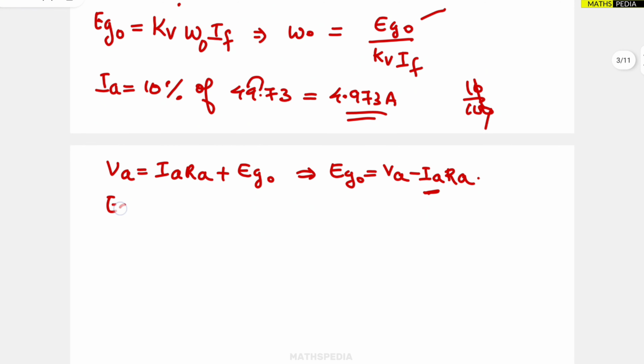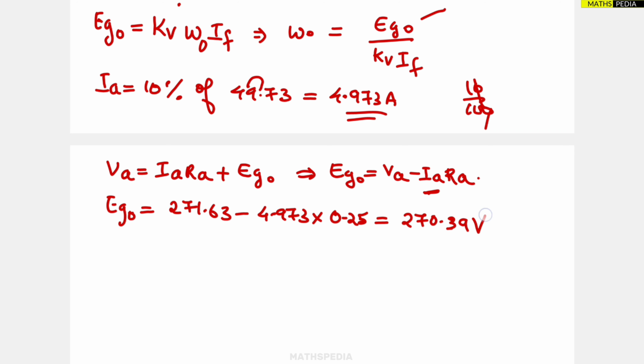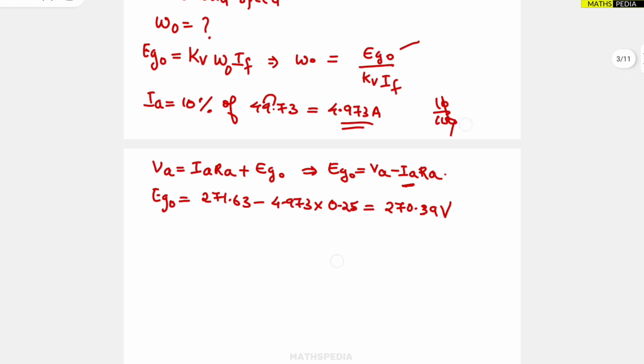So EG naught becomes the VA value as it is, 271.63, minus the IA value we just got, 4.973, into the RA value, the armature resistance given in the question, 0.25. So you'll get the EG naught value as 270.39 volts. This I have to substitute here.